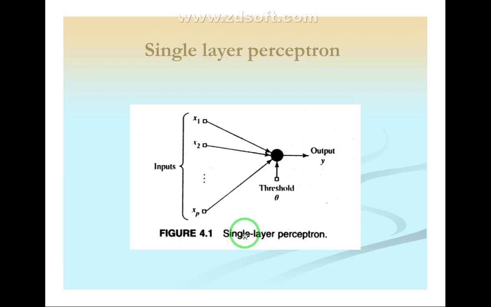Let's show how a single layer perceptron can be presented. As you could see, we have a single unit, single nerve, single cell. This should be the input vector, with variables x1, x2, x3 up to xp. This is called the input vector, input signal from each of these sensors, from each of these variables.